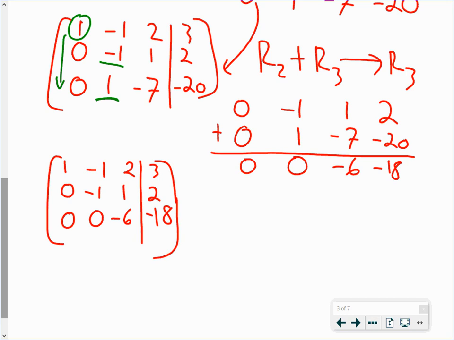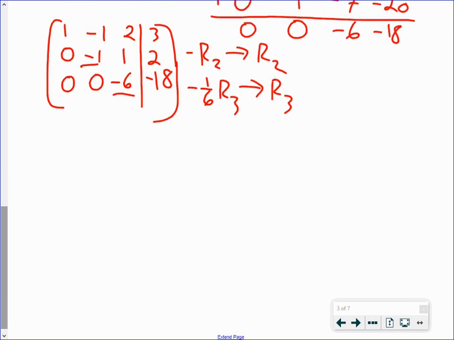There we go. So all that's left now, we have the zeros in the bottom left corner. All we have to do now is change these into 1s. So to change -1 into a 1, I'm going to multiply row 2 by -1, and that's going to replace row 2. And I'm going to multiply row 3 by -1/6. And that's going to replace my row 3.